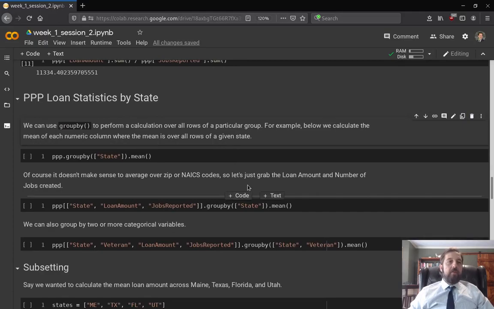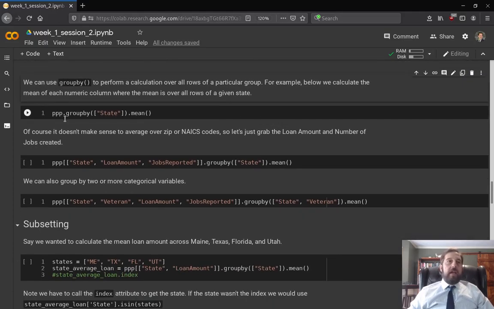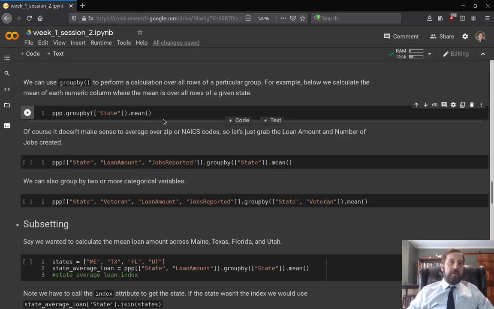So what we can do is go ahead and group this data frame by state. But if we're going to group it by state, we're going to have some aggregating function, meaning we're going to have one line for each state. So what should we do to get that one line? We could sum everything, we could take the average of it, and so forth. So here, let's go ahead and take the average.